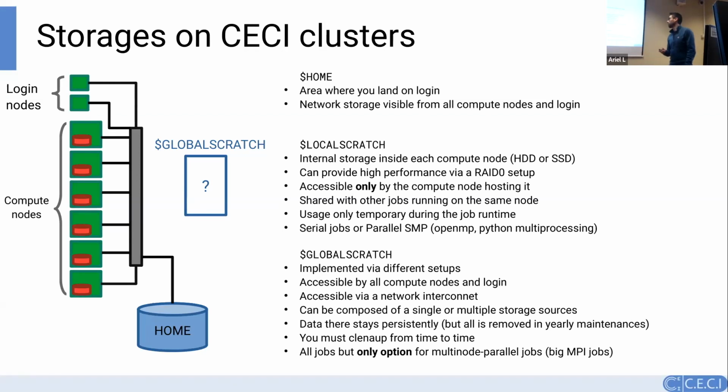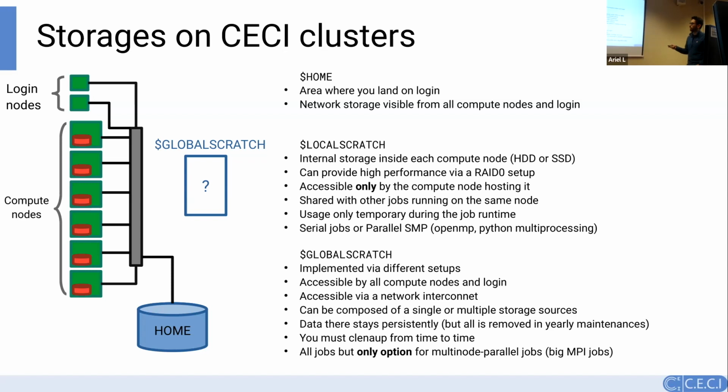But on all the CECI clusters, there's another area which we call global scratch. Here, too, we define this path by an environment variable. So if you log into any of the clusters, you can do an echo of $GLOBALSCRATCH.